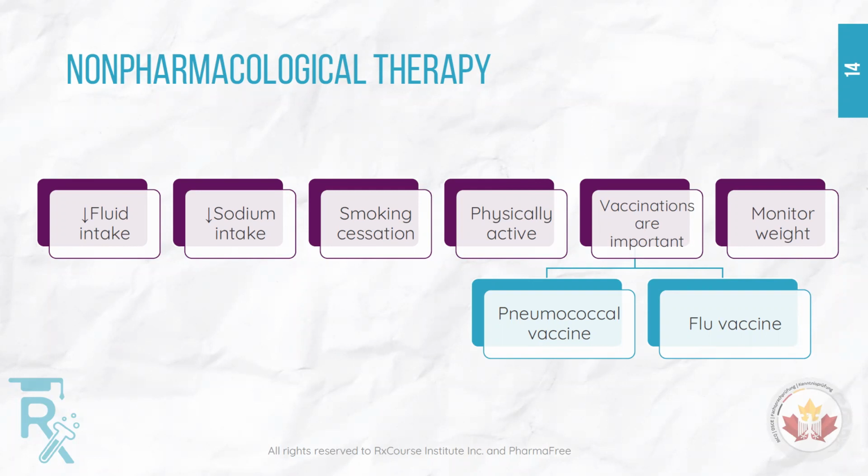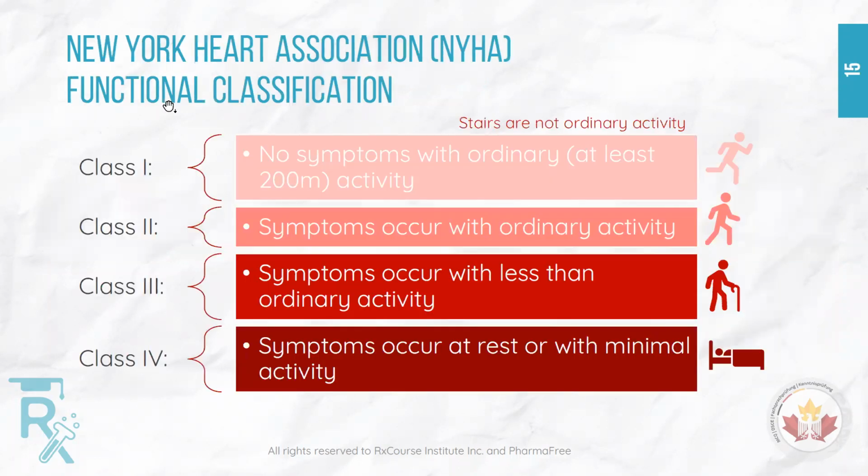Vaccinations are important because if you have a problem with your blood circulation, it means your immunity will be less, so you need to update your vaccination and take all your vaccines. Also, you need to monitor your weight, because if you find yourself increasing in weight on a daily basis, it means more accumulation of fluids. So you need to keep an eye on that.